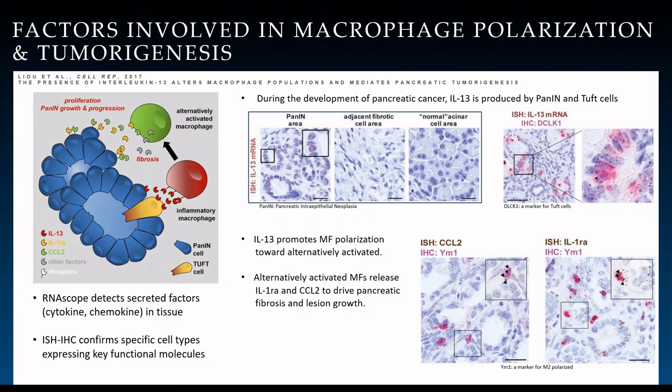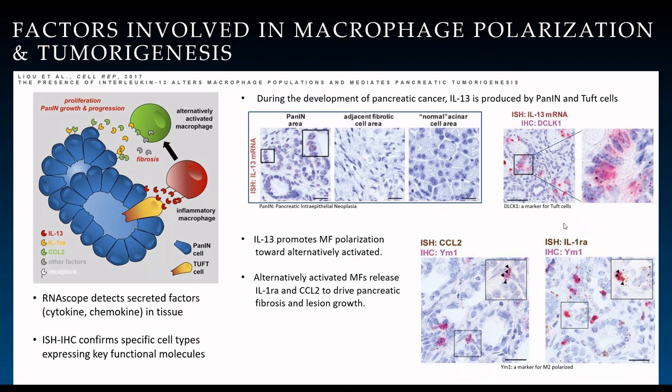Next, we have a very interesting paper which shows the role of increased levels of cytokines and their impact on macrophage polarization. This is a model to study pancreatic cancer, where using RNAscope, they were able to identify that certain cells in a pancreatic tissue that is undergoing transformation from normal to cancerous show the presence of IL-13 producing cells. These include intraepithelial cells and tuft cells.